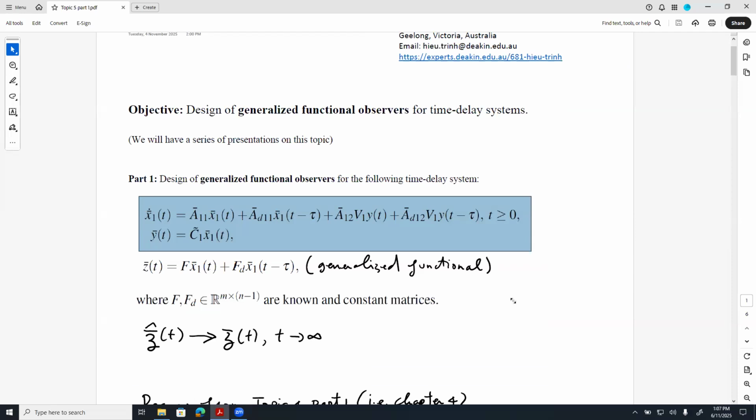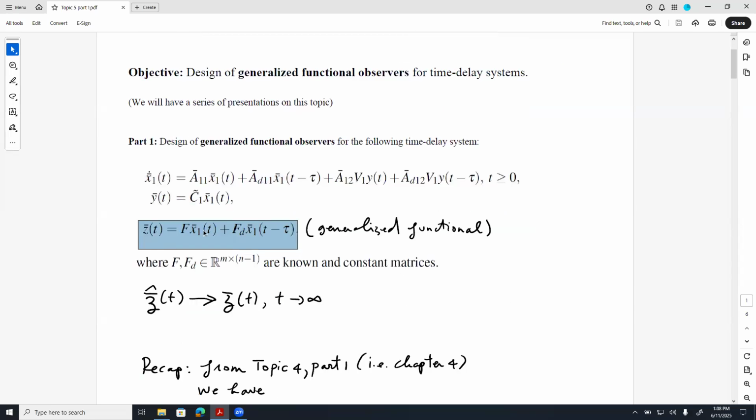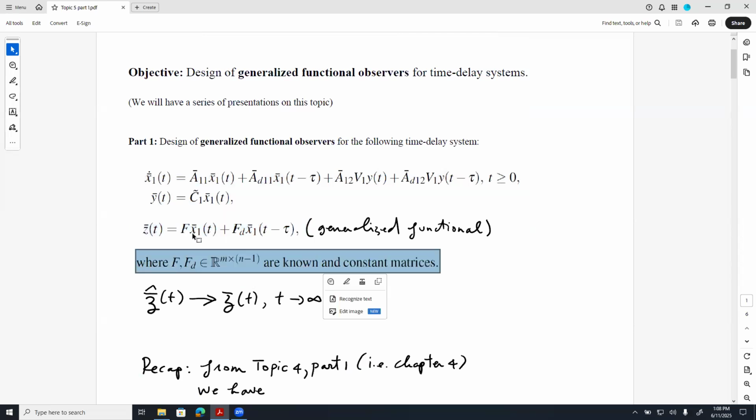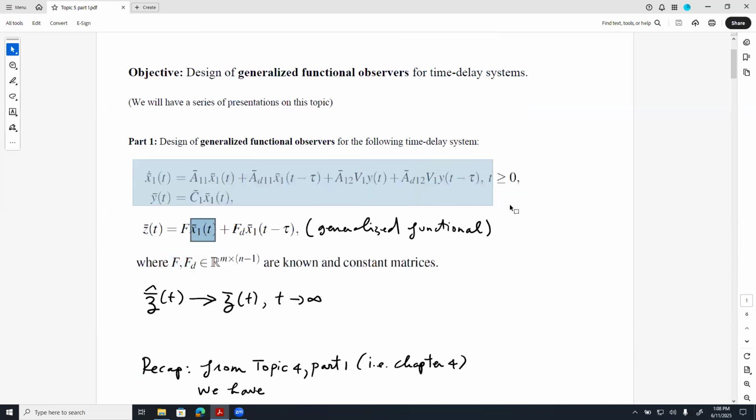In that particular decomposition, the unknown input is expressed in terms of a linear or generalized functional, which is a combination, a sum of the instantaneous state vector x1 bar of t, which comes from this reduced order time delay system, and its delay state vector. So we call it a generalized functional.